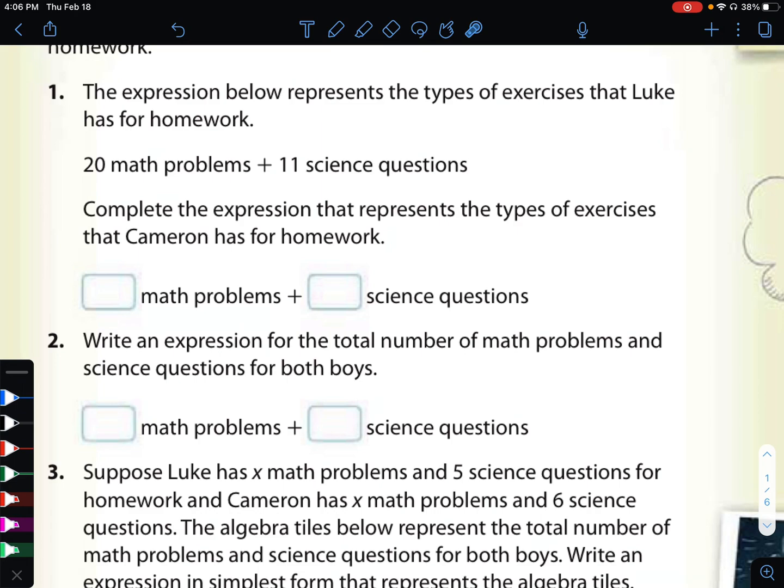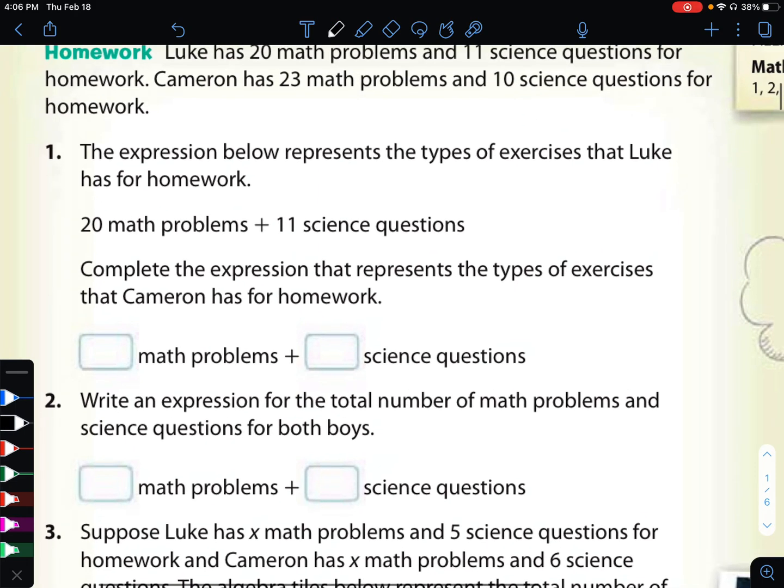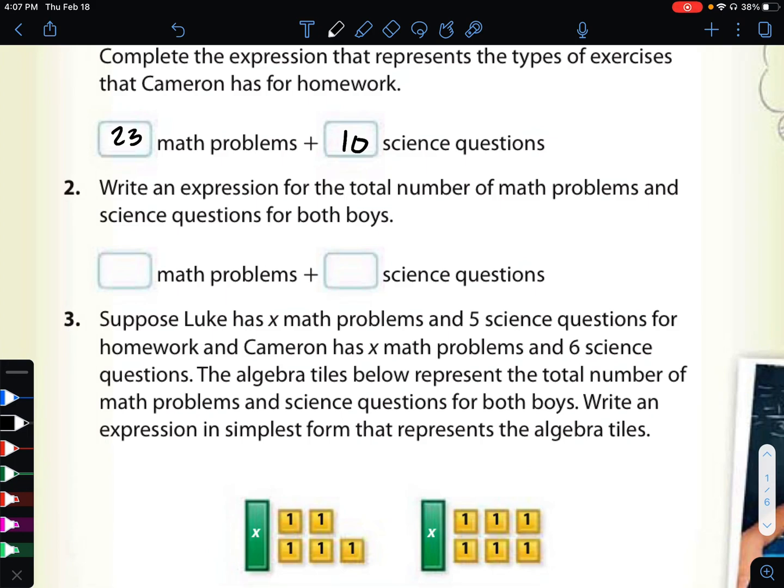Going back to the problem, we know that Cameron has 23 math problems and 10 science questions. In number 2, write an expression for the total number of math problems and science questions for both boys.